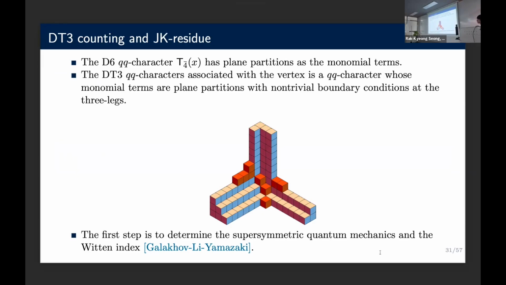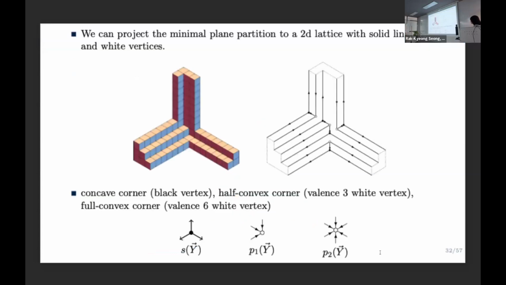And that is what we call the Donaldson-Thomas QQ characters, or the vertex terms. To derive the QQ characters, the starting point will be the supersymmetric quantum mechanics. The way to derive the associated supersymmetric quantum mechanics is to start from this minimal plane partition with non-trivial legs and study the 2D lattice projection of it.